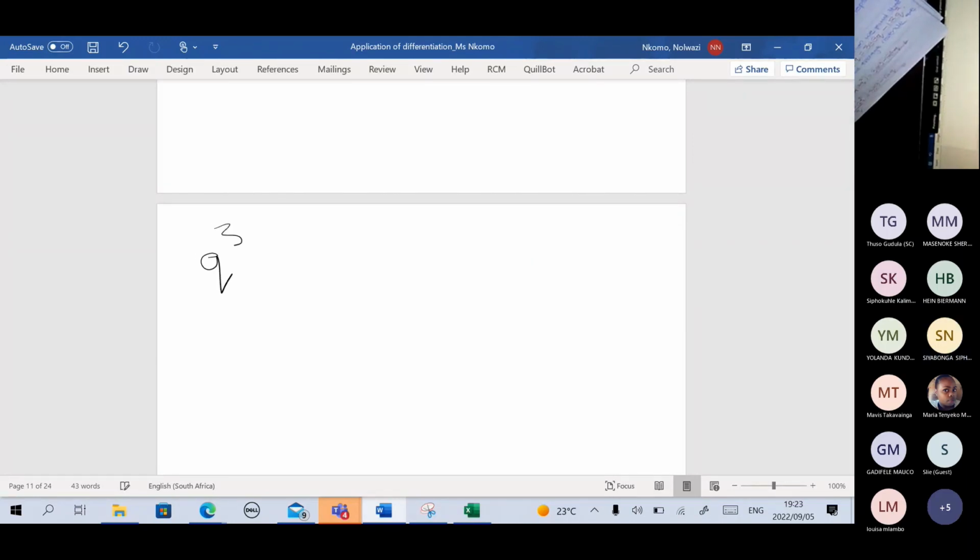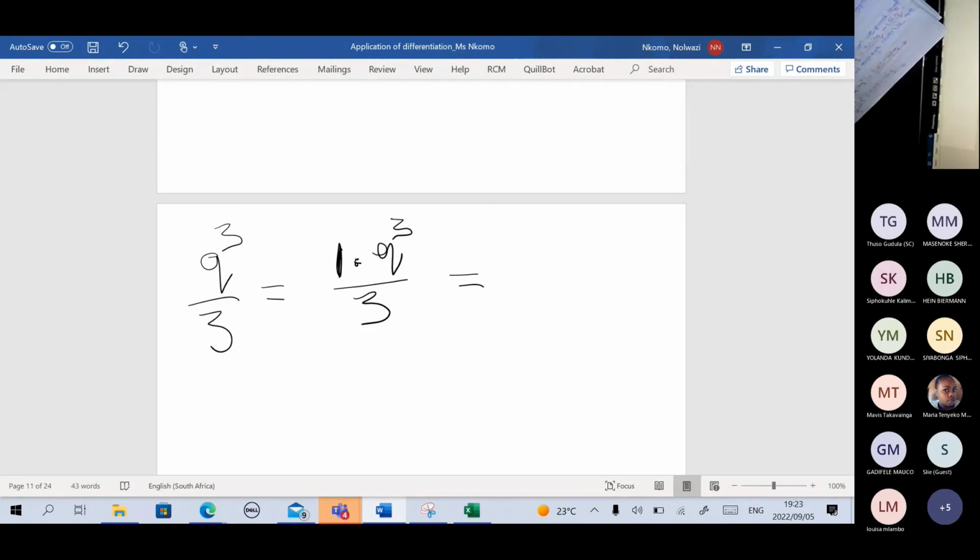It was Q cubed over 3, right? Yes. This is the same as 1 times Q cubed over 3, right? Yes.